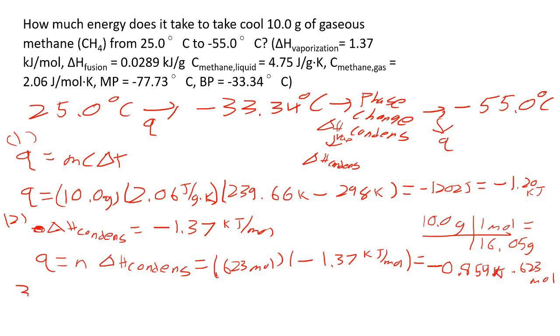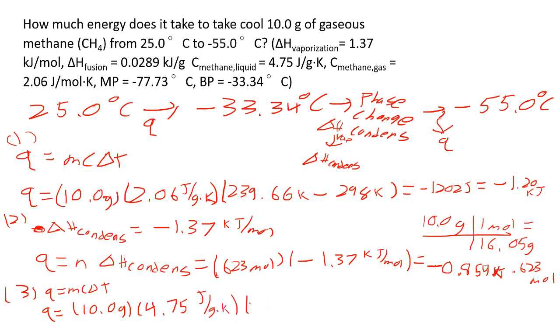Then we have our third step, which is now going from 33.34 to negative 55. For step 3, we're again going to use Q equals MC delta T. Remember that you've turned all of it into liquid, so all the mass is still there, so you still have 10.0 grams, but your specific heat is going to change. This is because you're now in the liquid form, so you need the liquid specific heat, which is 4.75 joules per gram Kelvin.